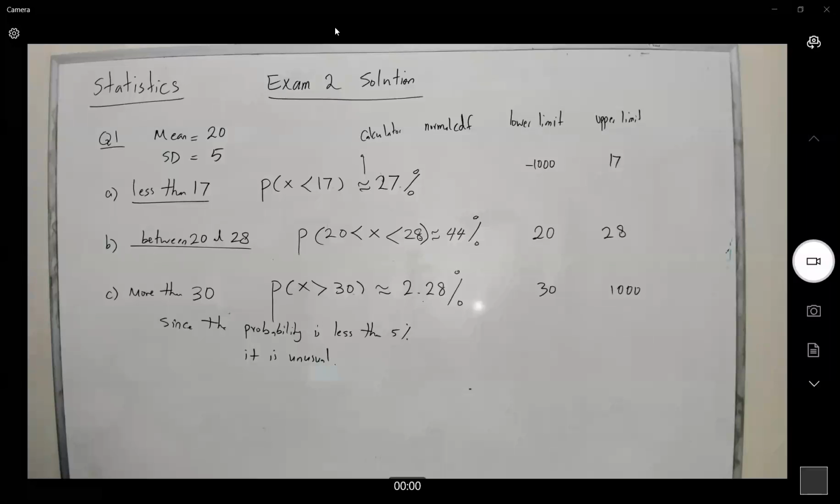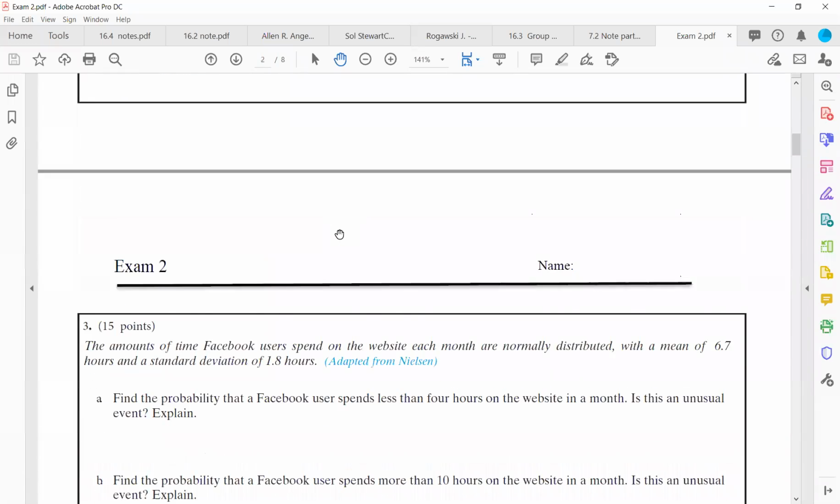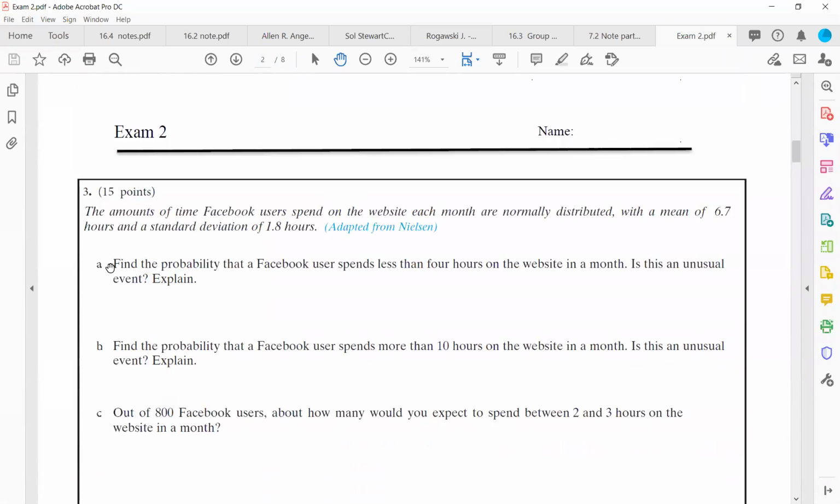So let's take a look at question 3. Question 3 says the amount of time Facebook users spend on the website each month is normally distributed with a mean of 6.7 hours, so let's write these down here, 6.7 hours, with a standard deviation of 1.8 hours.